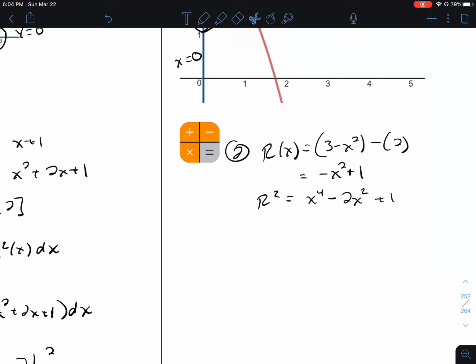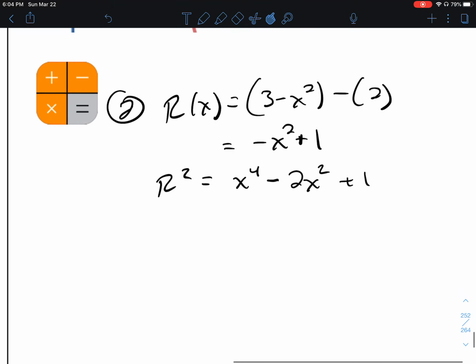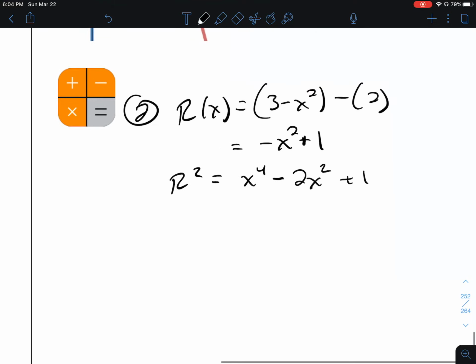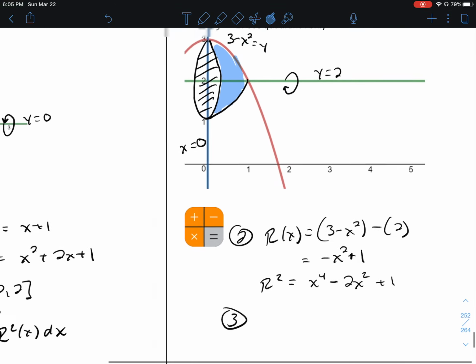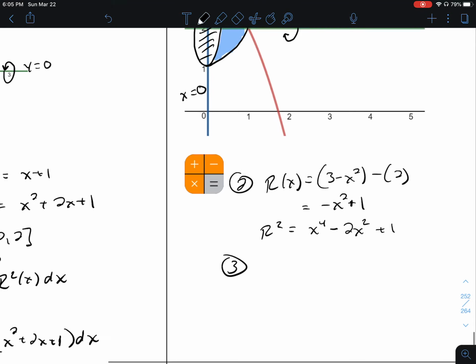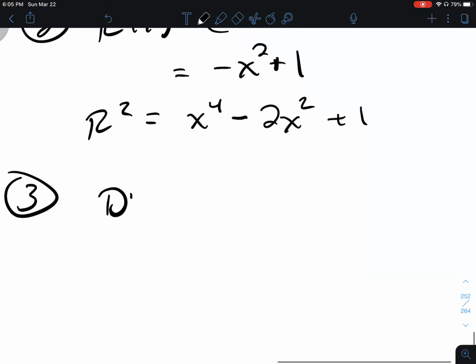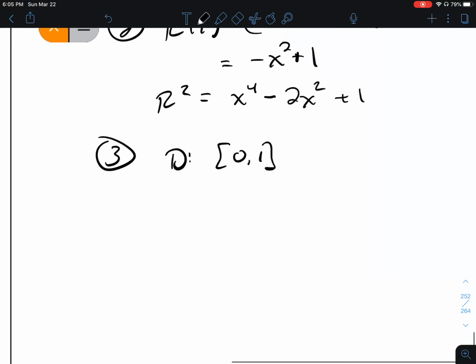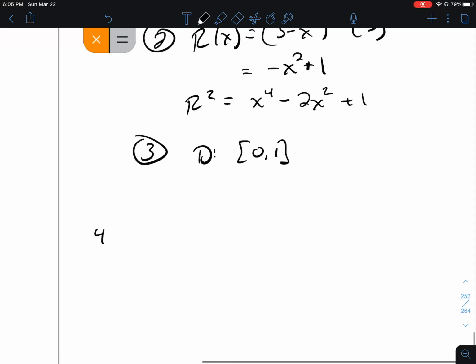So once we know what r squared is, let's find the domain for this, the upper and lower limits of integration. And it looks like we're going from 0 to 1. So what is the volume of this?